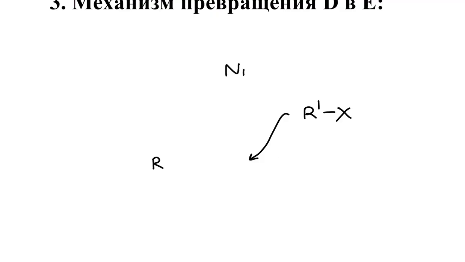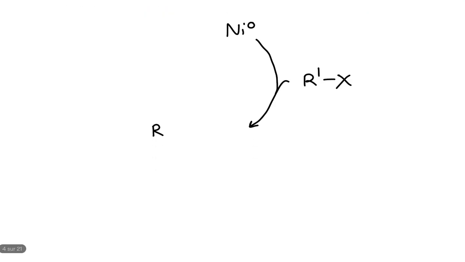So the nickel will be here, nickel 0. Let me move up so that it will be more beautiful. So we add the R1X to the nickel, so that will be an oxidative addition right there. So now this nickel is +2.